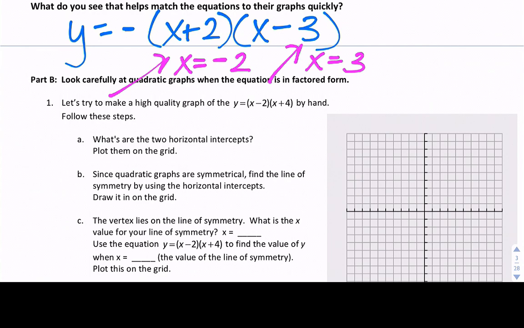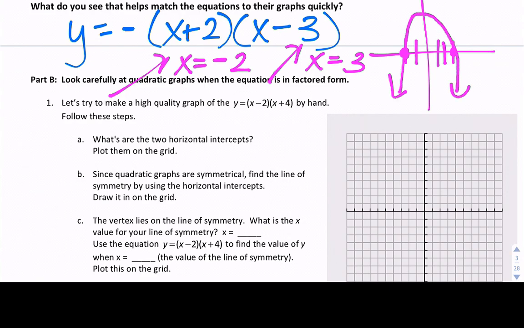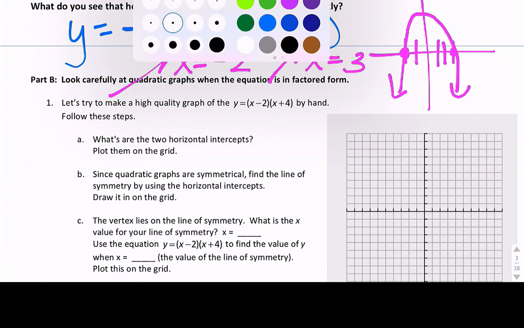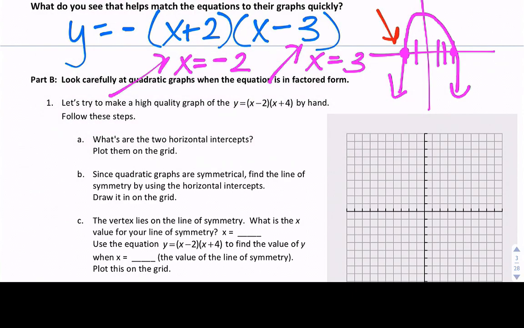So these are called the zeros of the graph. And again, if I sketch what that graph looks like, at negative 2 there was an x-intercept, and at positive 3 there was an x-intercept, and our graph looks something like this. So our goal today is to be able to recognize what the x-intercepts are by just looking at the factors, and to be able to sketch a high-quality graph of an equation by hand.